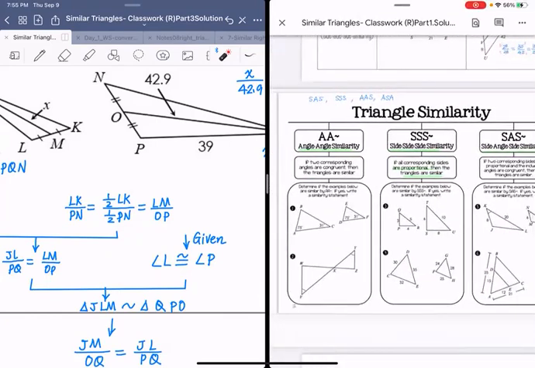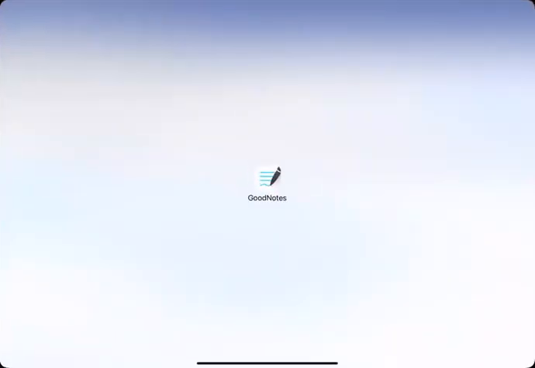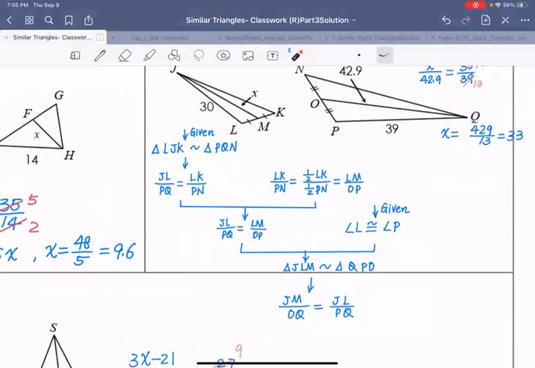Good job. Because number one, you have this side over that side equal to this side over that side, so you satisfy the SS. Number two, you have these two angles equal. So SAS. Does this make sense now? Yeah.